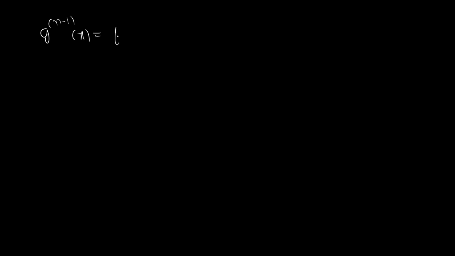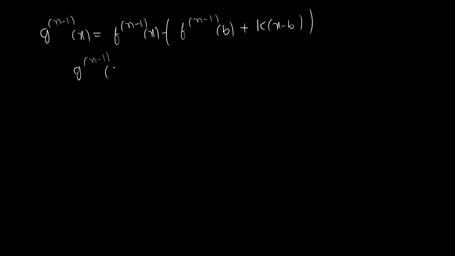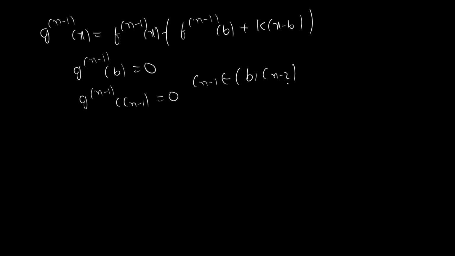g^(n-1)(x) = f^(n-1)(x) - f^(n-1)(b) + k(x - b). Now if I substitute b in place of x, I get the (n-1)th derivative of g at b equal to 0. And also, if I would have applied Rolle's theorem in the previous (n-2)th derivative, I get another constant c(n-1), where c(n-1) would belong in between b and c(n-2).